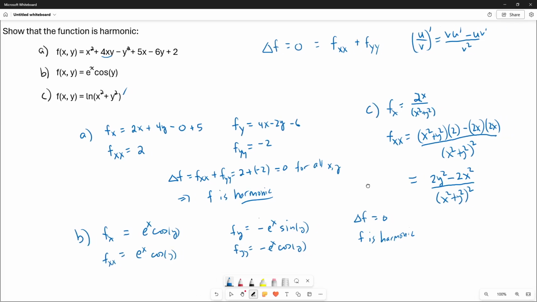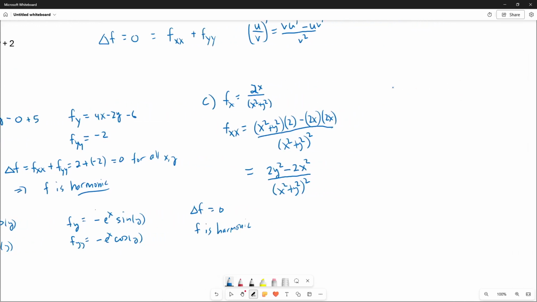Let's just look at that. F sub y, we have 1 over x squared plus y squared times the derivative with respect to y, which is 2y. And then we use the quotient rule.